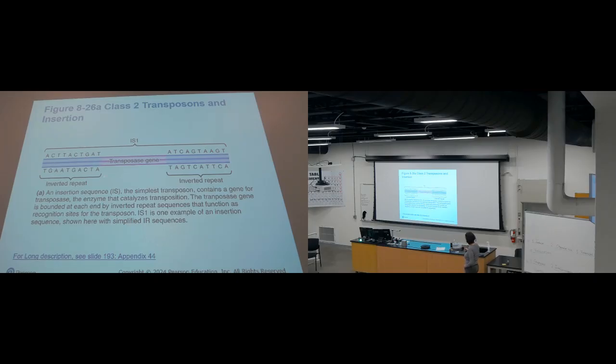So these inverted repeats that are found at the ends of this are, just as you can see, inverted. So this will be the inverse of this. Like this A will be here, and then you have these T's in here, and these A's in here.